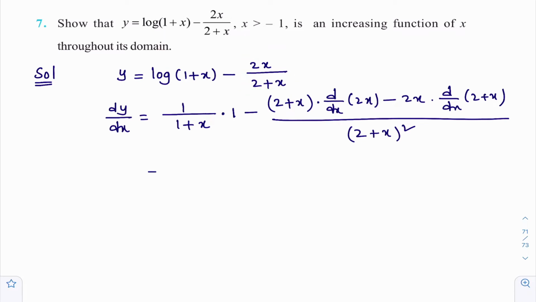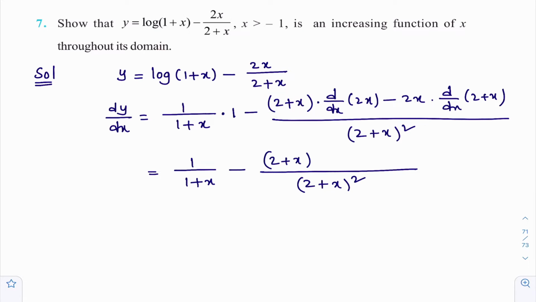If I simplify this further, what will I get? 1 divided by 1 plus x minus, here in the denominator 2 plus x whole square is there. You observe this 2 plus x, you write as it is, 2 plus x into the derivative of 2x. The derivative of 2x is 2, minus 2x into the derivative of 2 plus x. The derivative of 2 is 0 plus the derivative of x is 1. So 2x into 1.